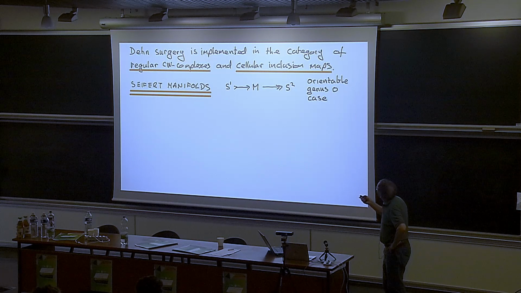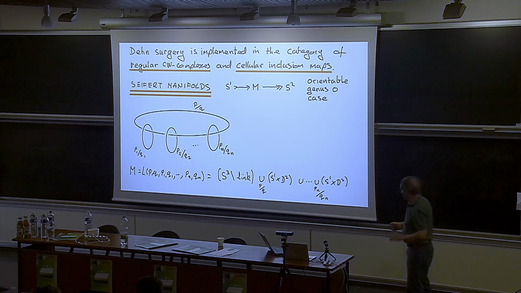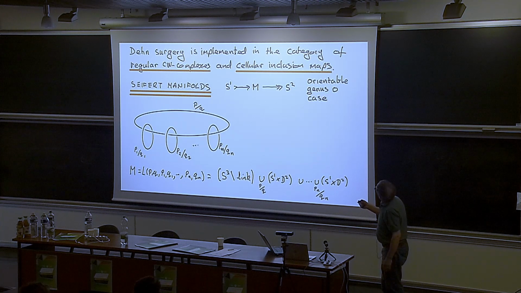So how do you represent that using Dehn surgery? Well, okay, in general, now I'm backtracking. In general, you would use links. You can do Dehn surgery not just with knots, but with links. So what I've drawn here in black is a link. And so a Seifert manifold can be represented in terms of Dehn surgery as taking the trivial knot and then linking it with several trivial knots.